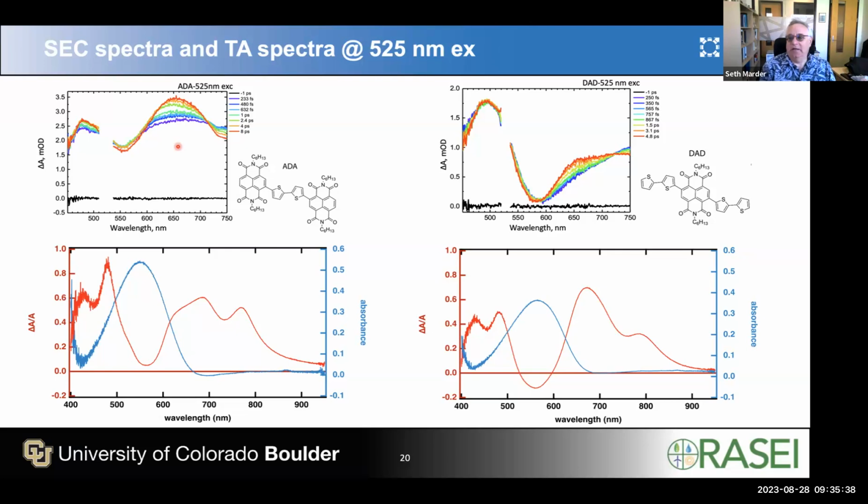I agree. Can I follow up on that just so I'm making sure I'm understanding? So you're comparing a spectroelectrochemistry measurement where you would create a radical anion species, so you put an electron into the effective LUMO of the small molecule and created a new state, versus you take the neutral molecule and hit it with a laser pulse and watch the exciton relax back down in the transient absorption.